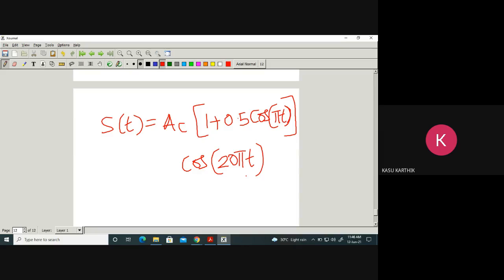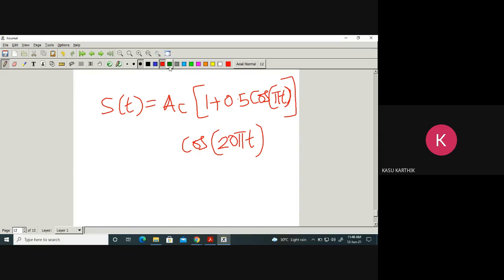So the envelope is simply AC into 1 plus 0.5 cos pi t.